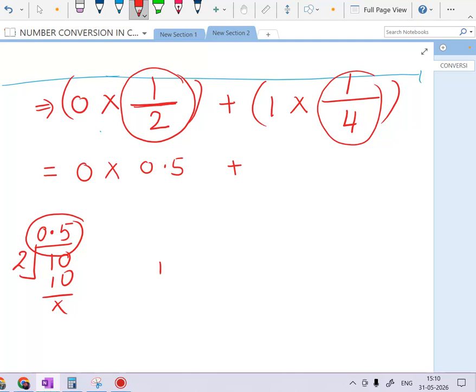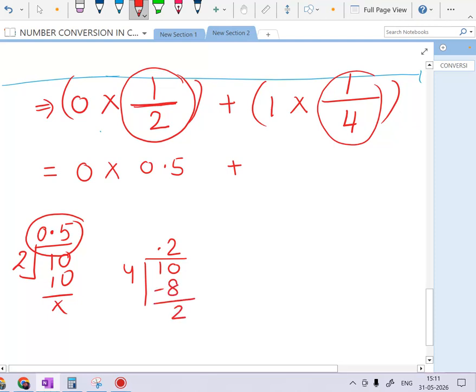Solve this portion in the same way. So take 1, and divide by 4. So the number is not there. Any other number where division is possible? Put point. Take the 0. 4 2s are 8. And then 10 minus 8 is 2. Then increase the 0, because already you have taken the point. Finally, 4 5s are 20. Got it?